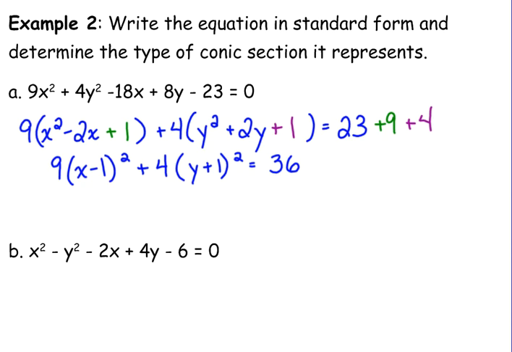All right, so does that look like any of our standard forms of our equations yet? Does it look like a circle? Does the equation for a circle have any constants in front of the parentheses? No. So I don't think it's a circle.